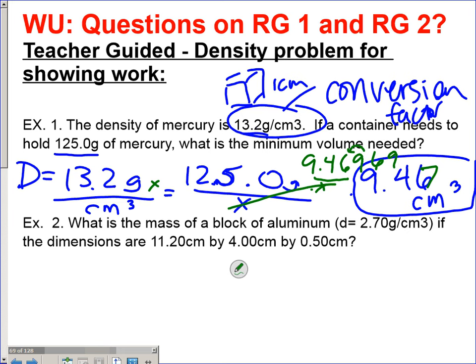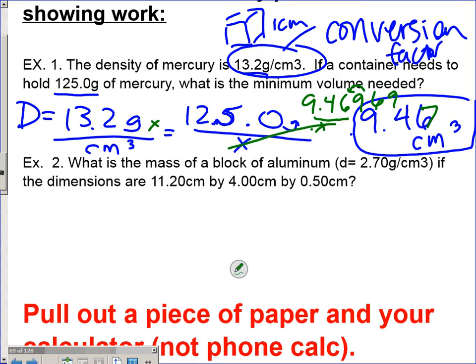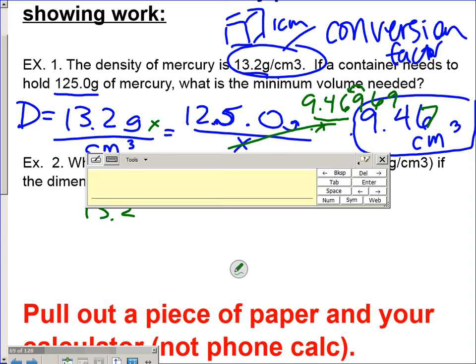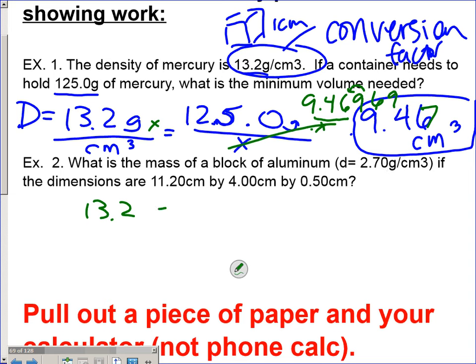But yeah, how do we solve this? Okay, so for proportion, if you had x on the bottom and you're isolating x, I'm going to take out the units for us just to make sure we're clear on what this is. So 13.2 is equal to 125 over x. So if I take all the units out, it clears it up. So if you're trying to isolate x here, you multiply x on both sides to get it out of the denominator.